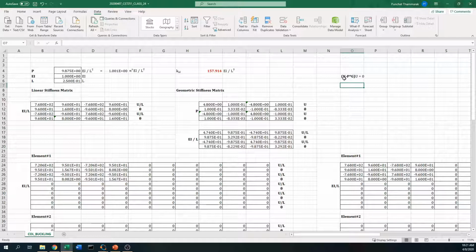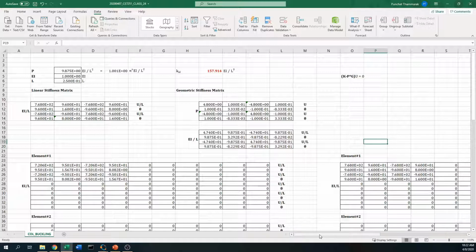I have the K part, the linear stiffness, and I'm going to have the G part constructed separately. You can do all this construction in Octave code without spending time doing it in Excel. You can, but here it is for the purpose of showing you how things move around.